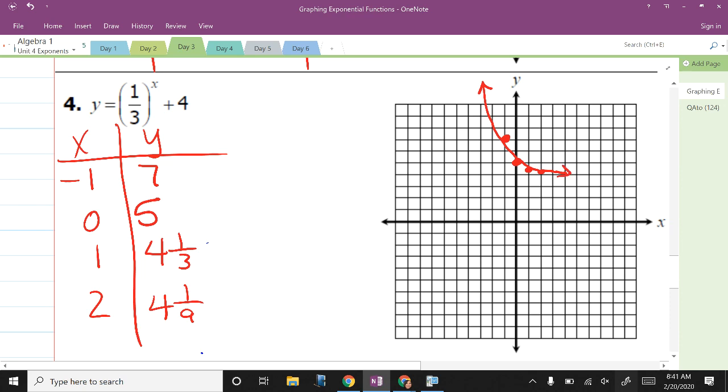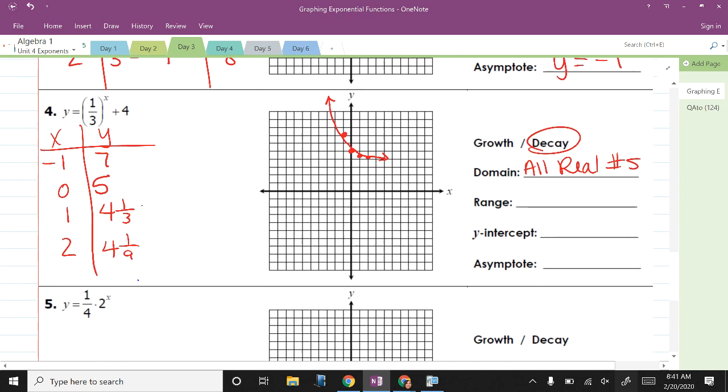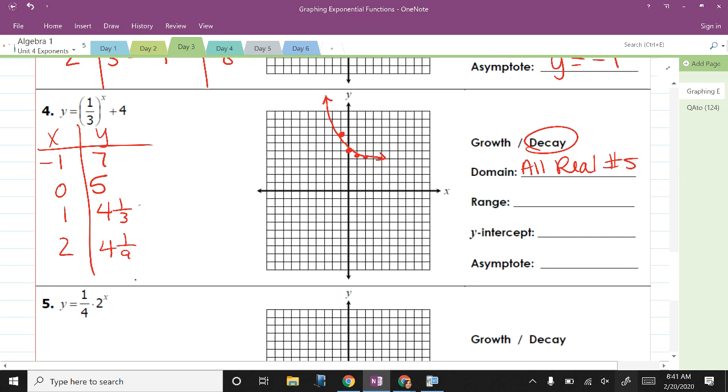So what's my asymptote? 4. Look at your equation. See that? It's the number 4. Okay. So there's your clue about your asymptote. Okay? Got it? So my range is going to be y is what? Greater than 4. And my asymptote is y equals 4.